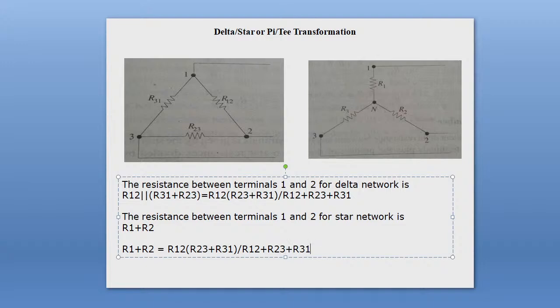Okay, so R1 plus R2 equal to R12 into (R23 plus R31) divided by R12 plus R23 plus R31.